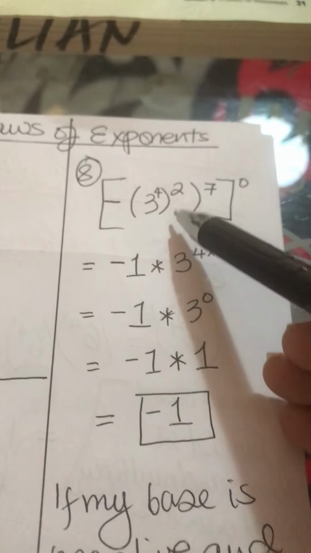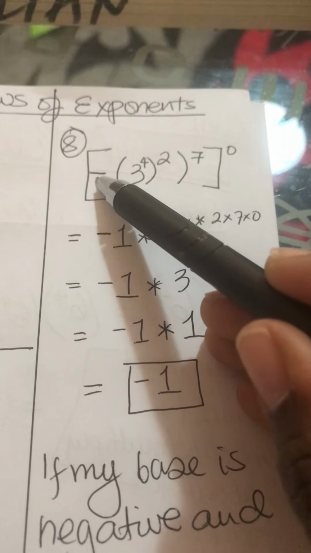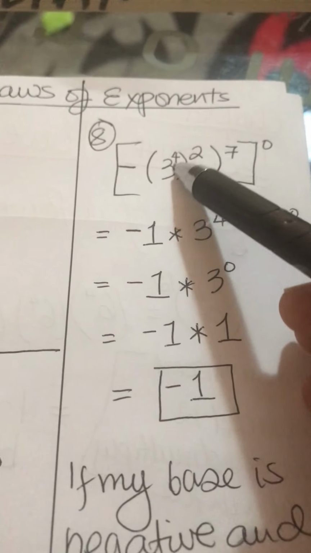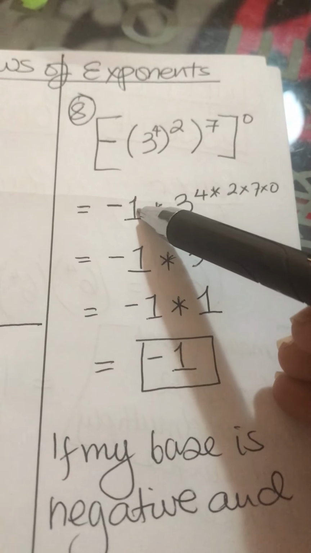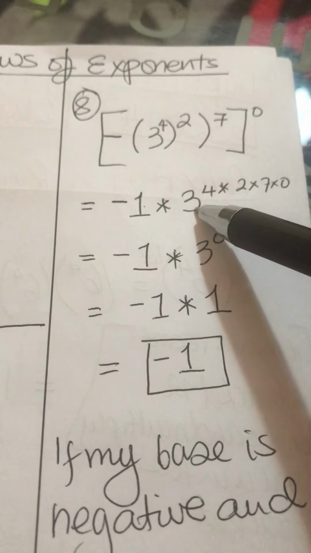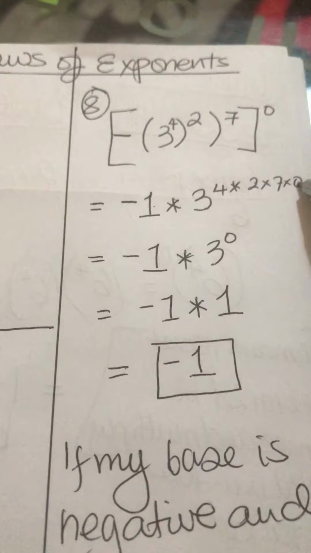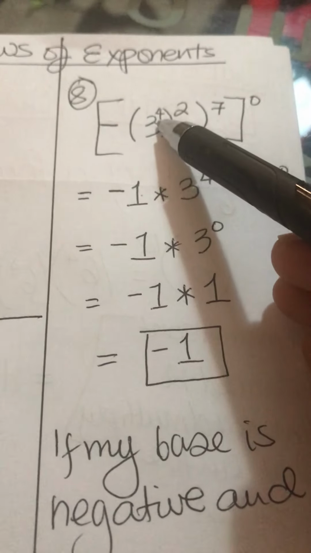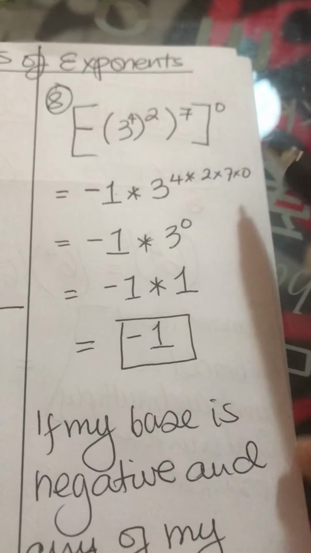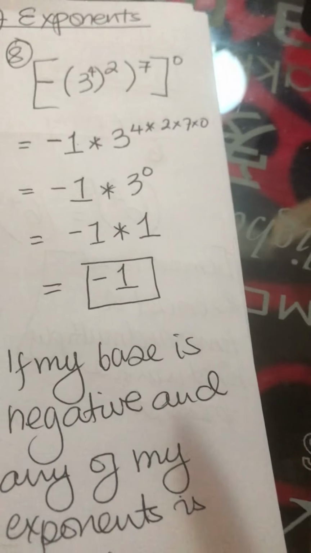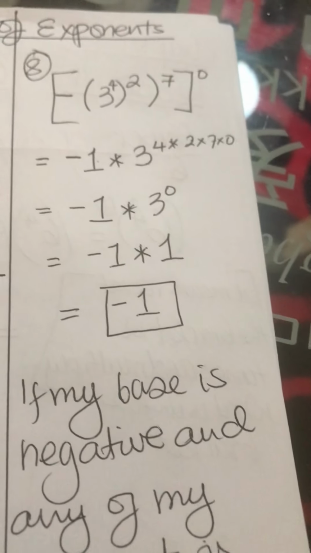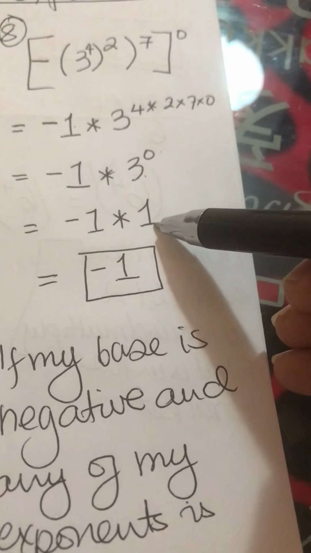All right. Let us do this one. Now here, notice my negative is outside, so that means my base is negative. So this negative means negative 1 multiplied by 3 to the 4th power times 2 times 7 times 0. I'm going to multiply all my exponents. So we're going to get 0, because a number times 0 is just 0. And 3 to the 0th power is 1.